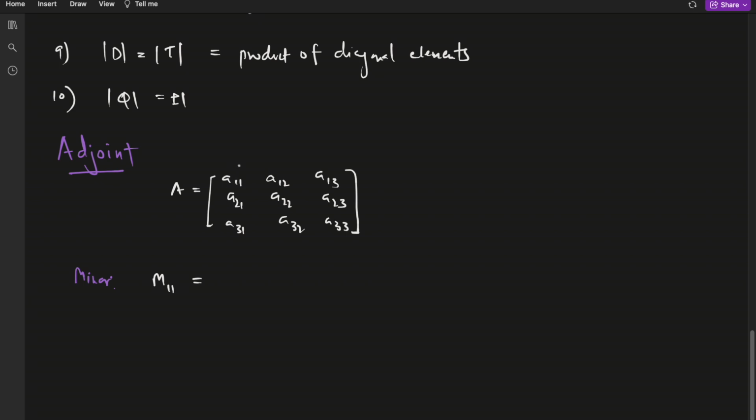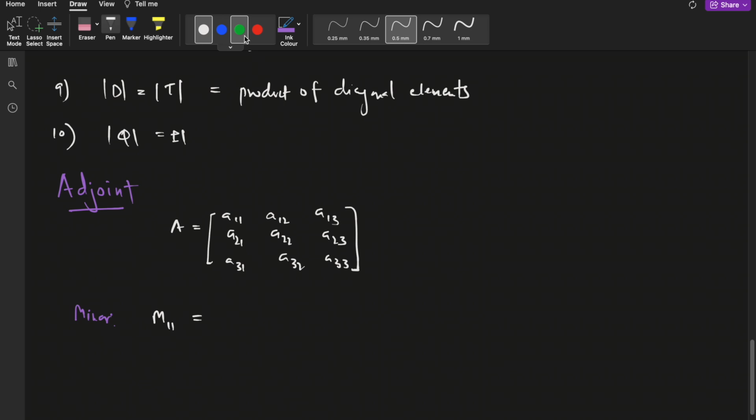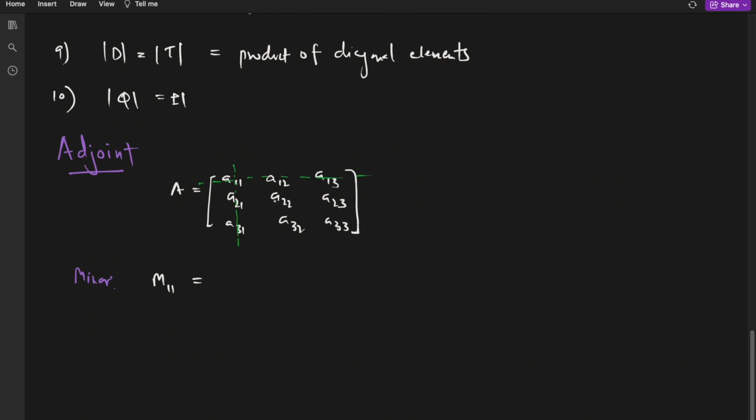Whatever is left, the determinant of that remaining submatrix is minor M11. So the determinant of A22, A23, A32, A33 is M11.